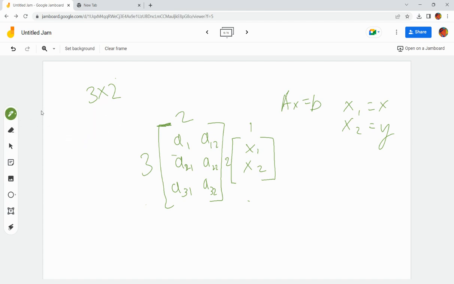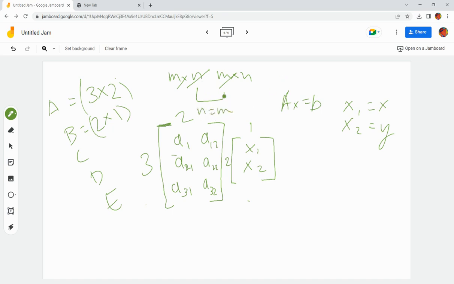It's a matrix that you would denote by a letter, A, B, C, D, E, whatever. And then we have one matrix here, and let's just say that the other matrix is 2 by 1. So basically, that is what's called m by n. If you have two matrices with m by n, these two can only be multiplied if the inner dimensions are the same, which is kind of confusing because they're the same letters I'm denoting.